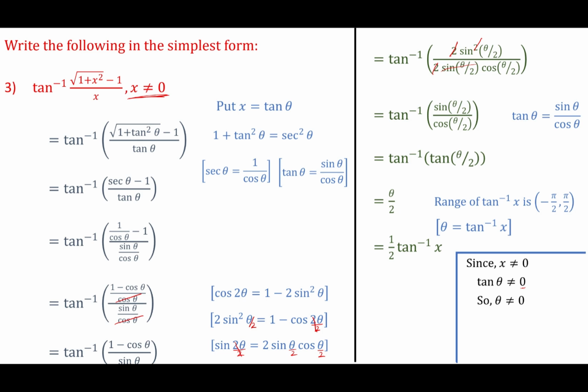So theta lies between negative pi by 2 to pi by 2, which is the tan inverse range, except 0. But here we have theta by 2, so divide this by 2. So theta by 2 should lie in between negative pi by 4 to pi by 4, except 0.